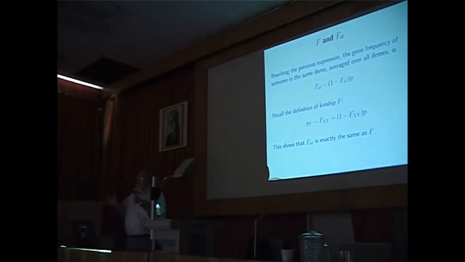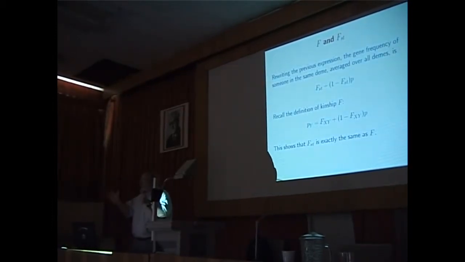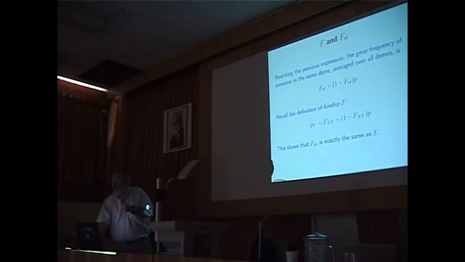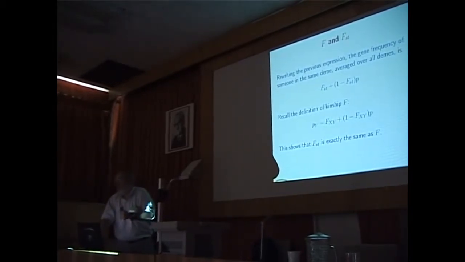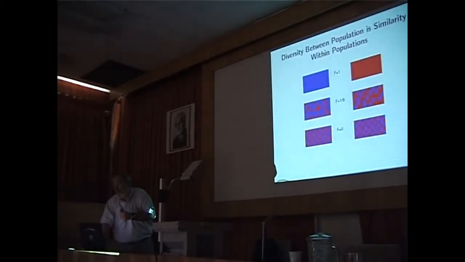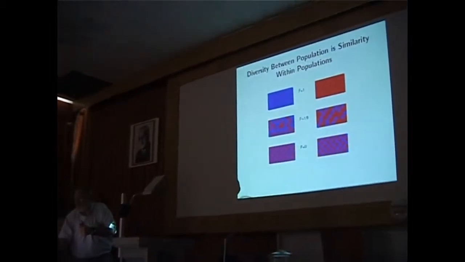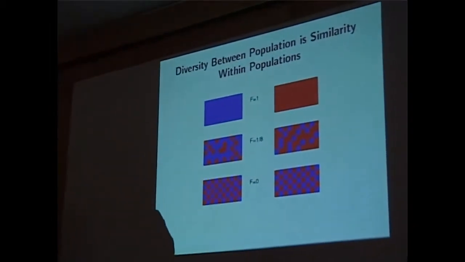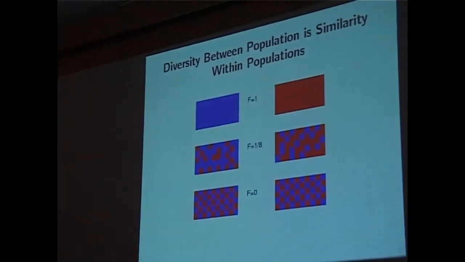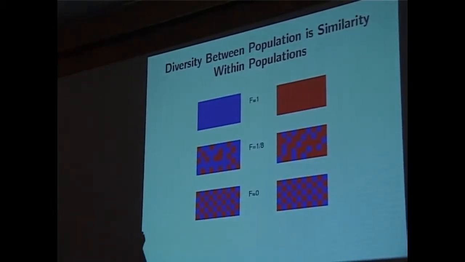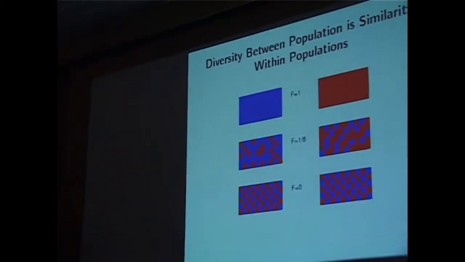So now we don't have to spin anymore. We can put some context on this number 1/8. That's the point of all this algebra that we flip past so fast. Because diversity between populations is similarity within populations. They're exactly the same thing, two ways of saying the same thing. So here's a population of 50 genes.